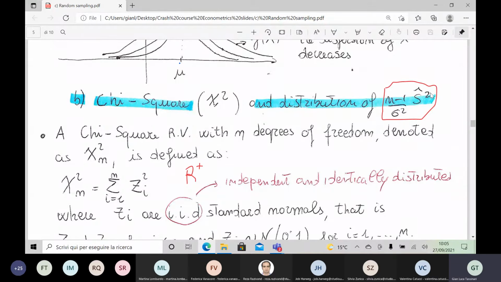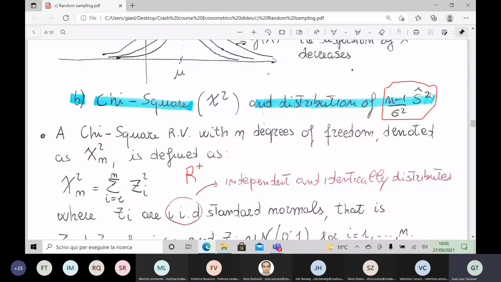Remember, for the moment we saw one continuous random variable, which was the normal random variable, or if you want also the standard normal, but it's still normal. We want to see now another absolutely continuous random variable, which is called the chi-square random variable with n degrees of freedom.